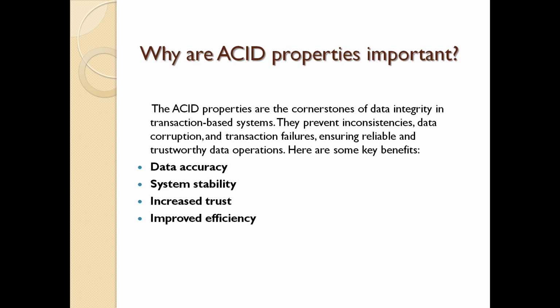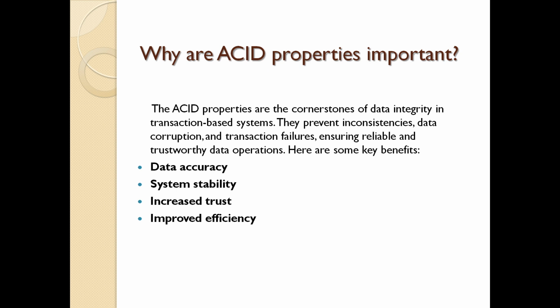ACID properties are important because they have some key benefits. For example, data accuracy. ACID ensures that data modifications are accurate and complete, minimizing errors and discrepancies. System stability. ACID transactions prevent data conflicts and maintain database consistency, leading to a stable and reliable system.